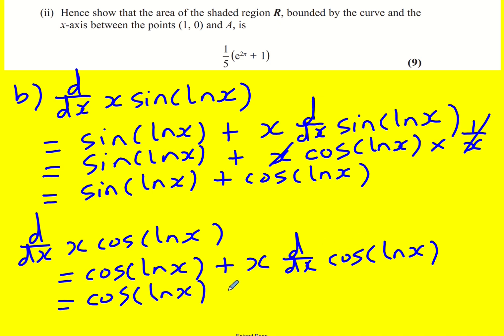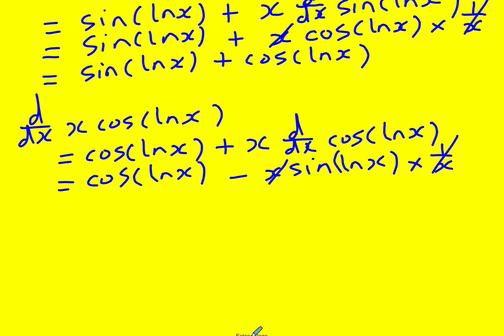Okay, this time when I differentiate cos, I'm going to get minus sine. So it's going to be minus x times sine ln x. And then again, I'm going to times by the derivative of ln x, which is 1 over x. And they cancel. So I get a very similar result, but it's cos ln x minus sine ln x.